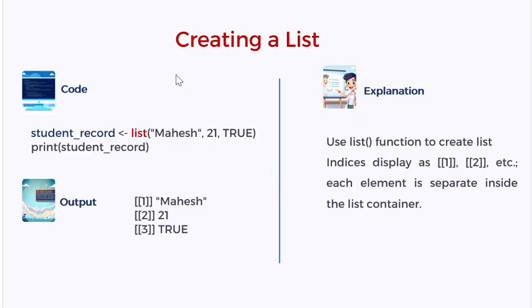So list is the built-in function which helps us create a list. And we can access the student name, age, or whether he is studying or not, all the parameters or the list of data, with the help of the index value. That's what is mentioned here. We will see it in the upcoming slides very clearly.